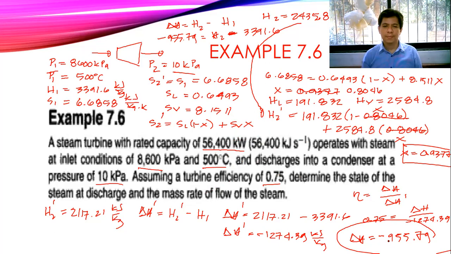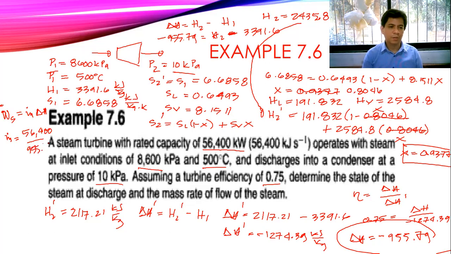Ano? Itong dalawa. Okay? Ganun lang yung kasimple. Parang ano rin yan. WS dot is equals to M dot times delta H. Ito dapat yung actual. Ano? So it's 56,400 M dot simply equal to 56,400 all over 955.7.